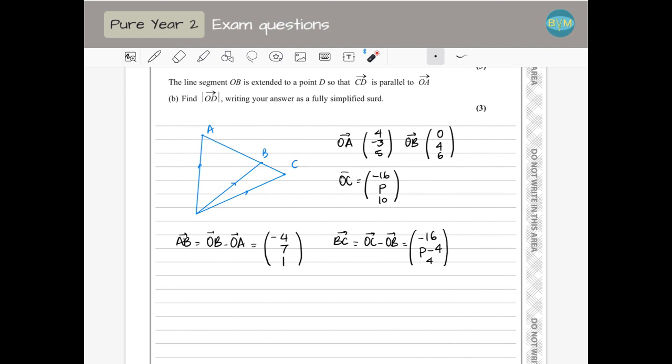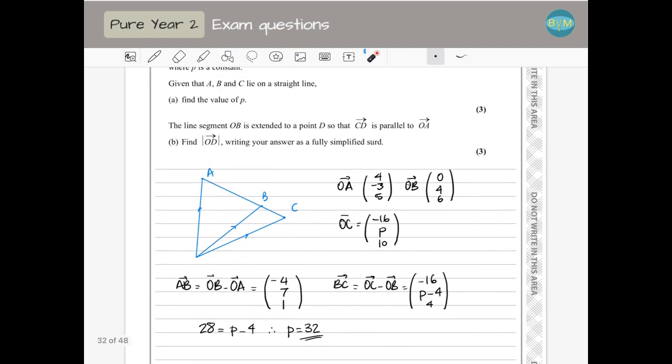If you compare the coordinates that have numbers, you see that this vector is 4 times this one. So 28 is going to be P minus 4, therefore P is 32. All the coordinates of this vector are 4 times the coordinates of this vector.